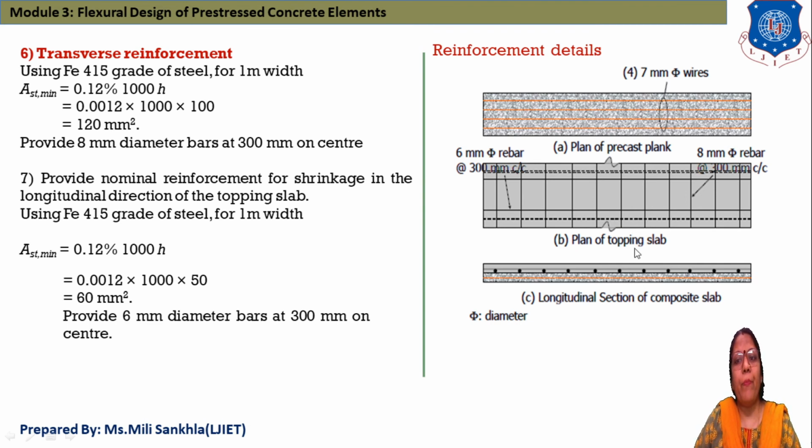And for the plan of the topping slab, in the topping slab 6 mm diameter bars at 300 mm center to center distance. Look at this, this reinforcement we find out and provide here. And 8 mm diameter bars at 300 mm center to center. This one is our transverse reinforcement we provided, and this one is our longitudinal reinforcement we provided. And this one is the longitudinal section.